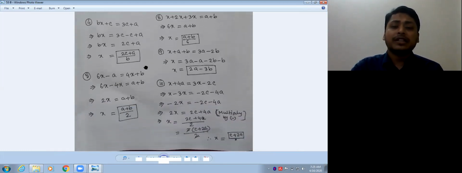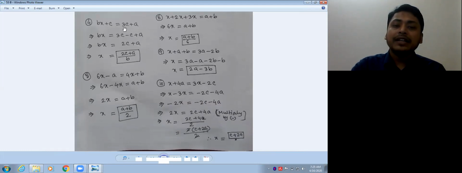The same logic. Bx plus c equals 3c plus a. Now you can see only one extra c in the left hand side. So this c will have to be written on the right hand side. So 3c, and this plus c has been minus c, and this plus a.